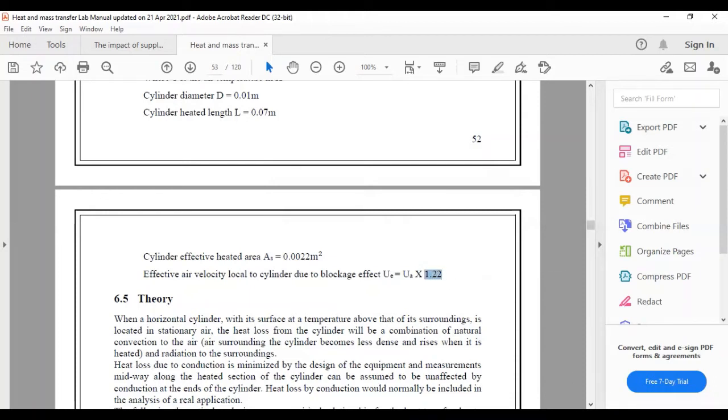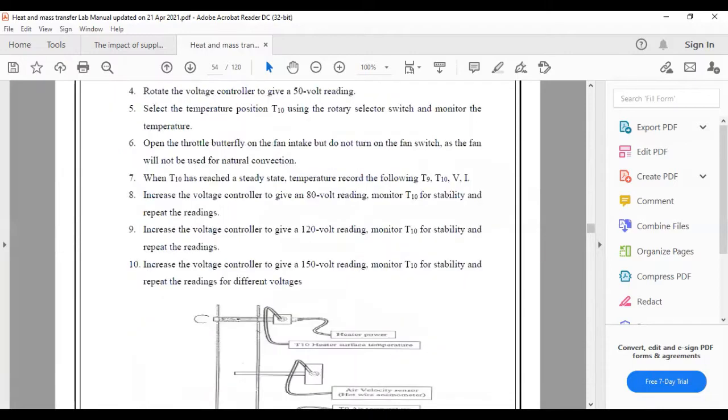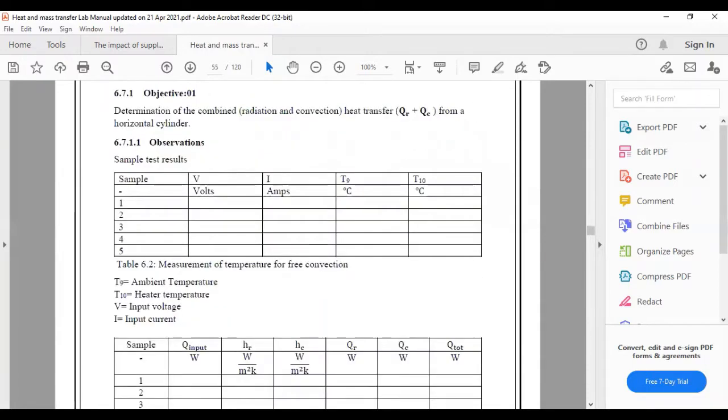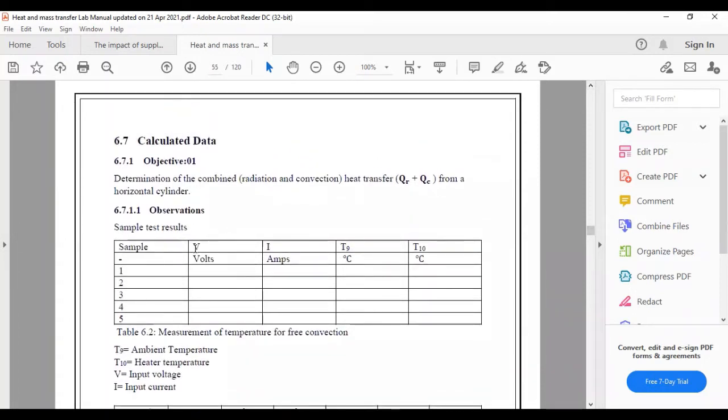Now we will see the observation table, which contains the values that we will measure during our experiment. We will provide the voltage and current, and then we will measure the value of T9, the temperature of air for this experiment, and then T10, the temperature of the heater.